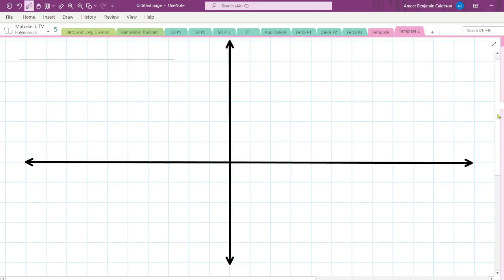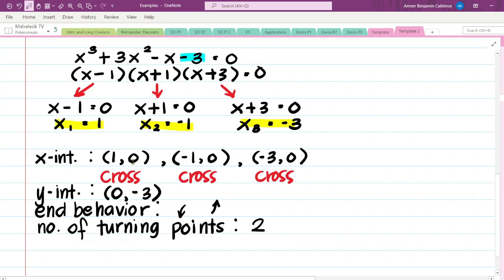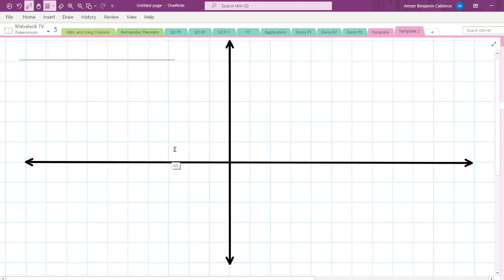Let us now plot our x-intercepts. The x-intercepts are (1, 0), (negative 1, 0), and (negative 3, 0). So let us now identify the midpoints between x-intercepts.